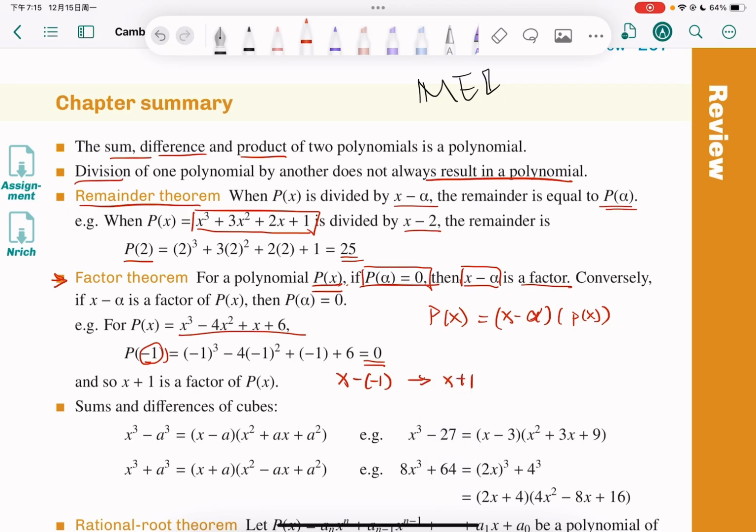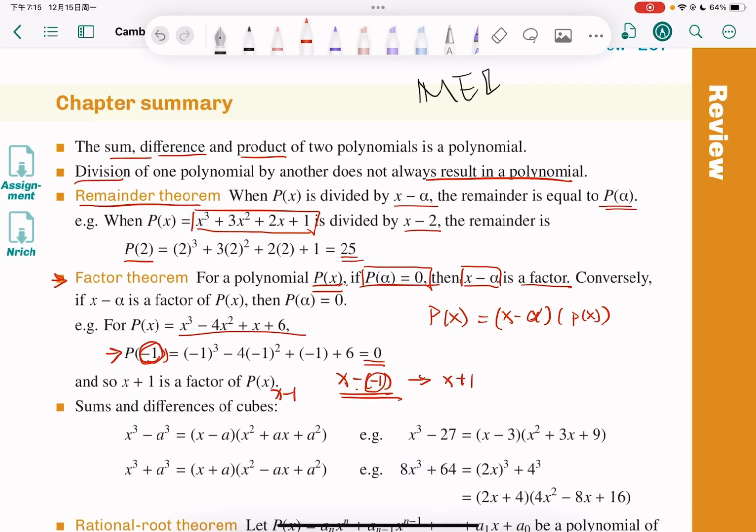Be very careful, it's not x minus 1 is a factor. Or at least, from this one, we cannot get x minus 1 is a factor. So this thing you put in, you should minus that, and that is your factor. So x minus the minus 1 is your factor. The whole thing is a factor.